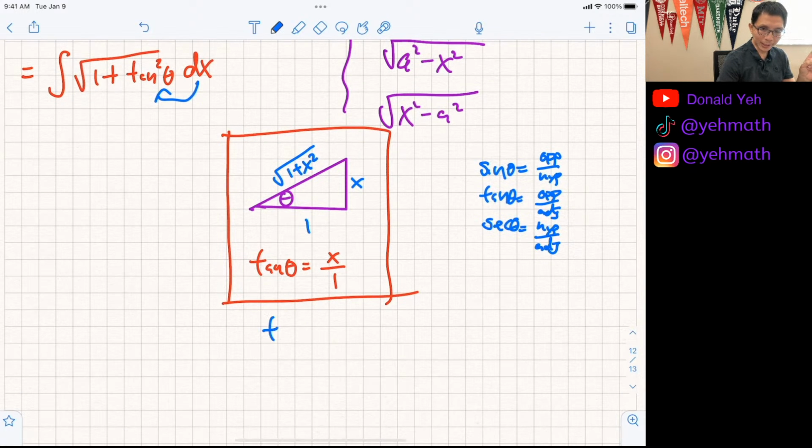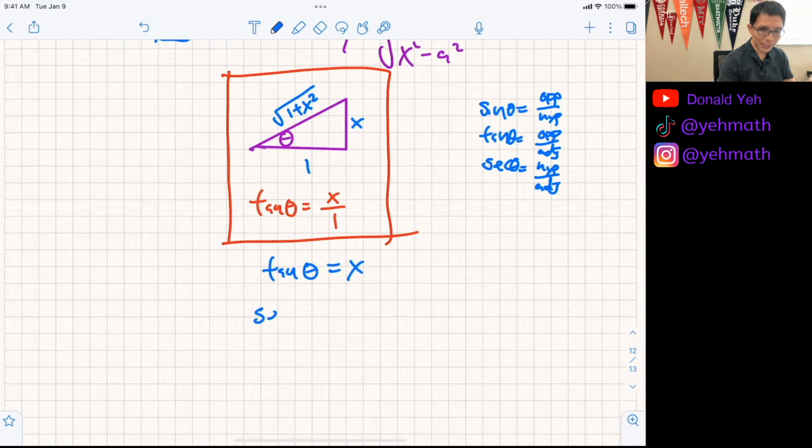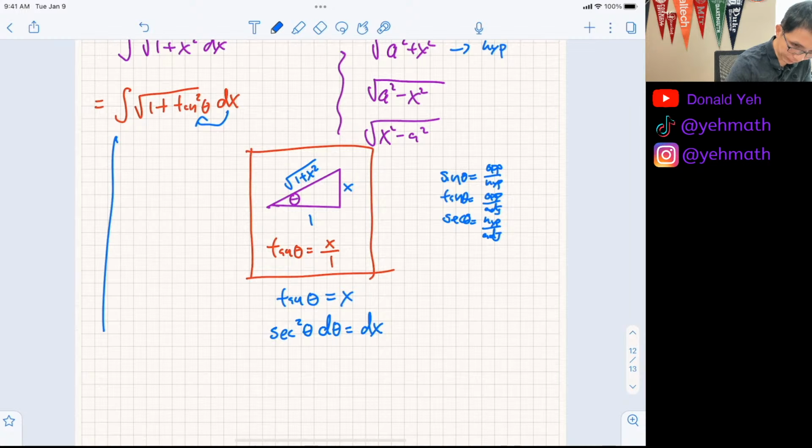You're going to take this tangent of theta equal to x. I'm going to take the differential of that, which is going to be secant squared theta d theta equal to dx. You can integrate.